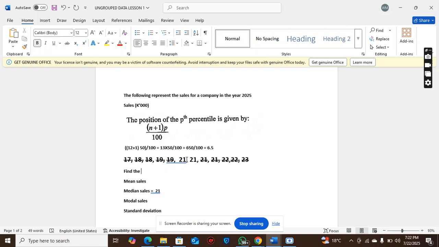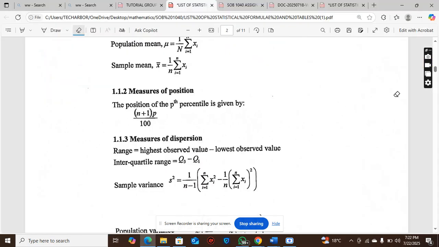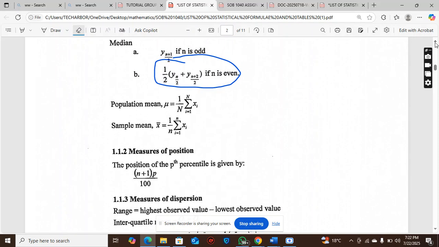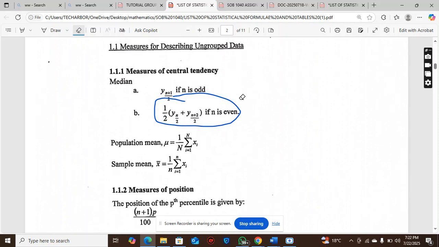Okay. Then there's another way you can find it. There's another formula you can use to find your median. You can also use this formula here.